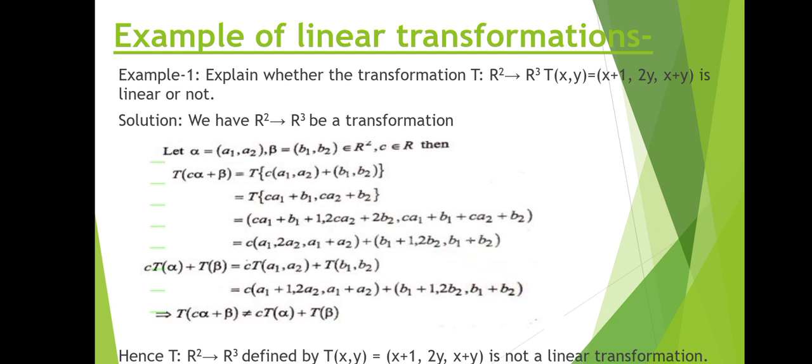Then we get T(cα + β) is equal to cT(α) + T(β) by the definition, but here we get that they are not equal. So by this condition we say that T(cα + β) does not equal cT(α) + T(β). Hence the transformation T from R² to R³ defined by T(x, y) = (x + 1, 2y, x + y) is not a linear transformation.